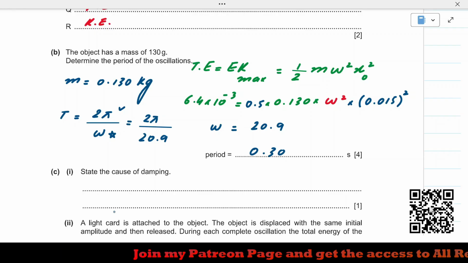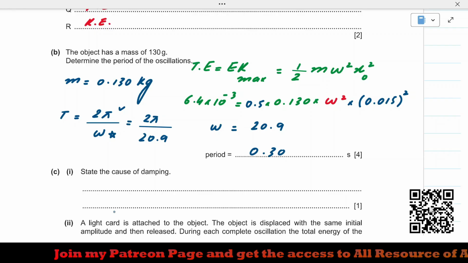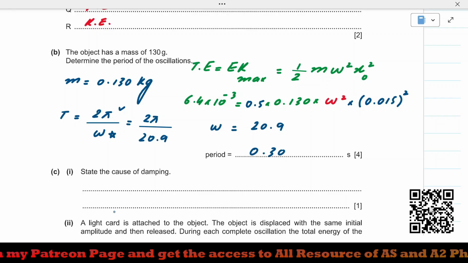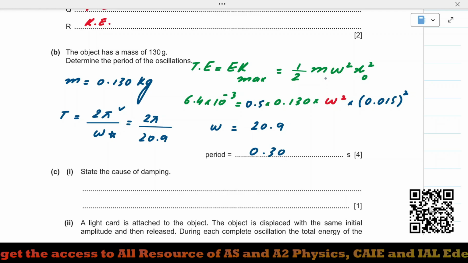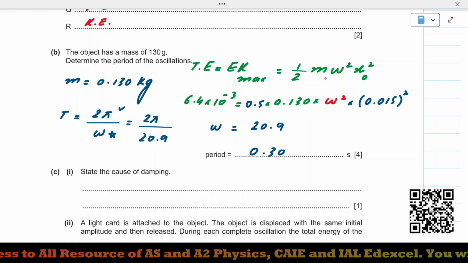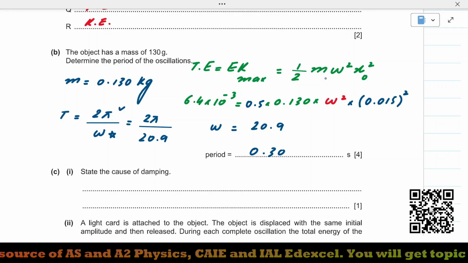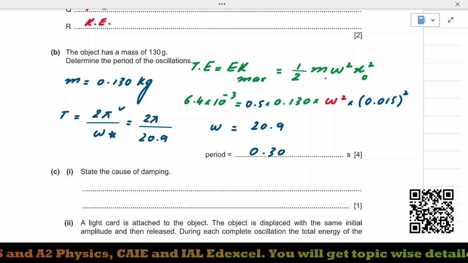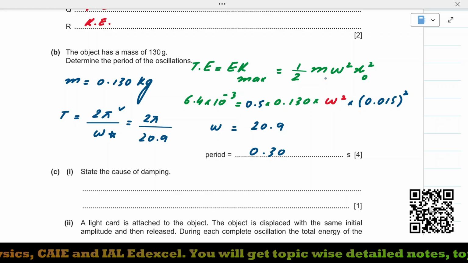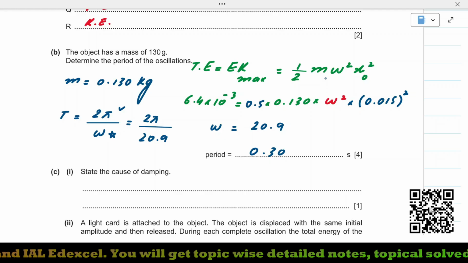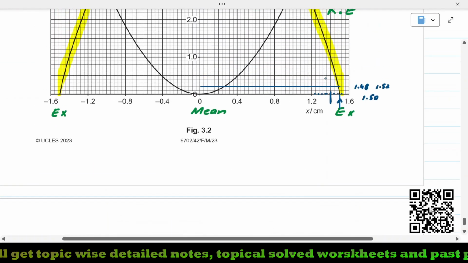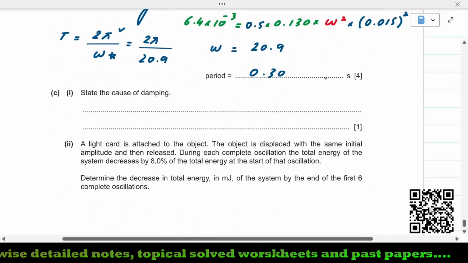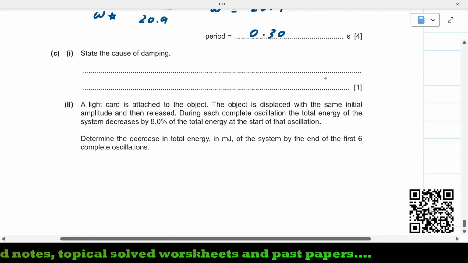The maximum kinetic energy, because the maximum kinetic energy equals the total energy also. But you can find kinetic energy at a specific displacement also, but then the formula would be slightly difficult to tackle. It includes minus x squared also, and then you need to insert a specific value of x. Anyway, let's move on to the next part.